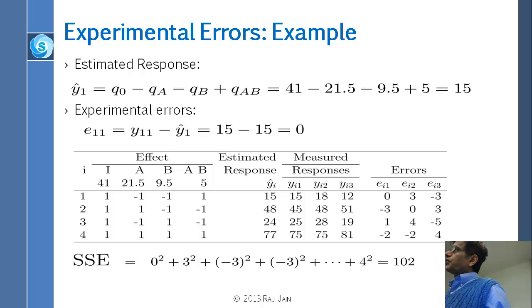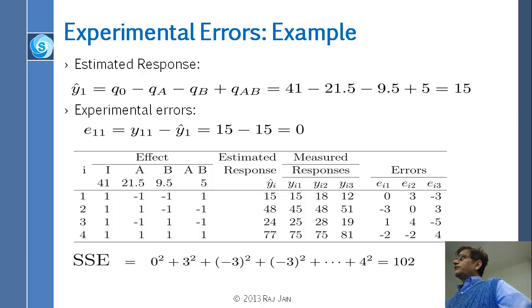For each row, yi minus y hat, if I gave you 2 of them, then you can figure out the third one. Right, because this y hat is calculated from these 3 numbers and not from any of these numbers. So this 15 was calculated from these 3, so if I give you 2 of them and this number, then you know the third one, right? So there are only 2 degrees of freedom. So the errors here have 2 degrees of freedom too.